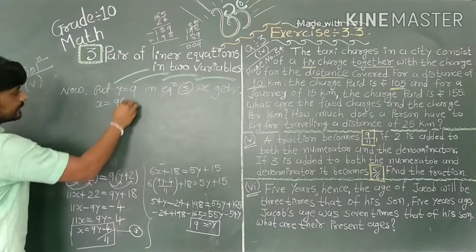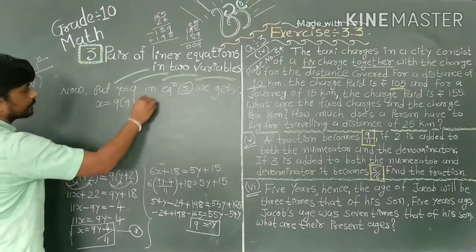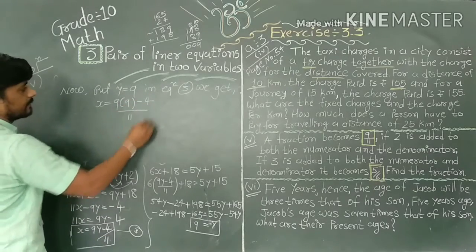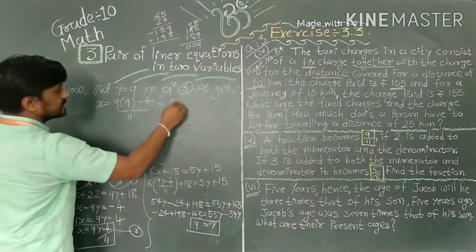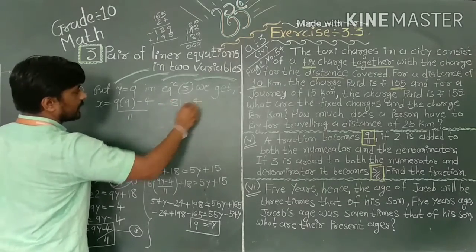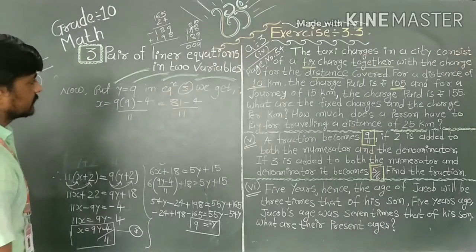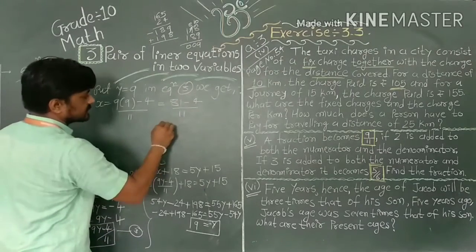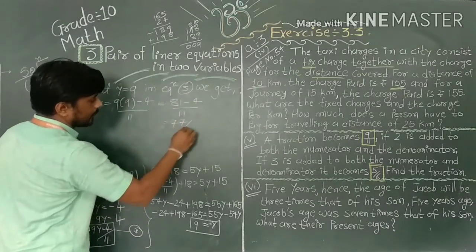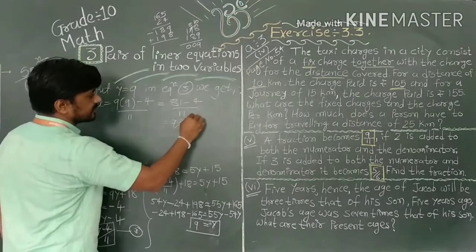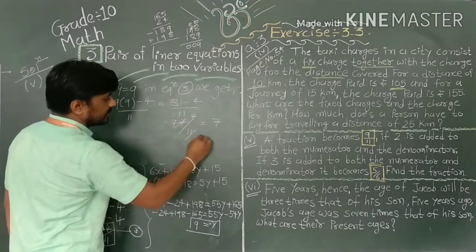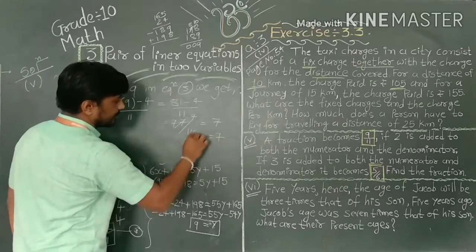Y is again 9 minus 4 upon 11. That means 9 9s are 81 minus 4 upon 11, that means 77 upon 11. 11 7s are 77, that means x is equal to 7.